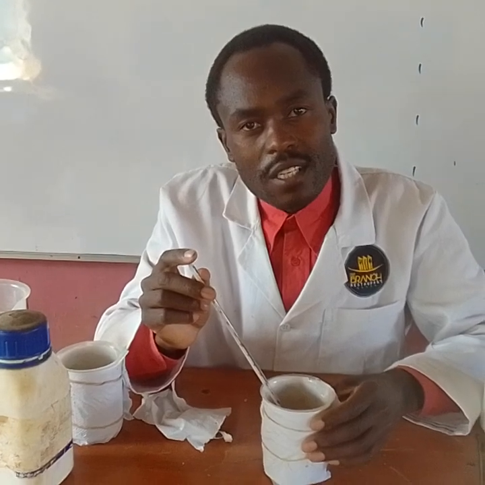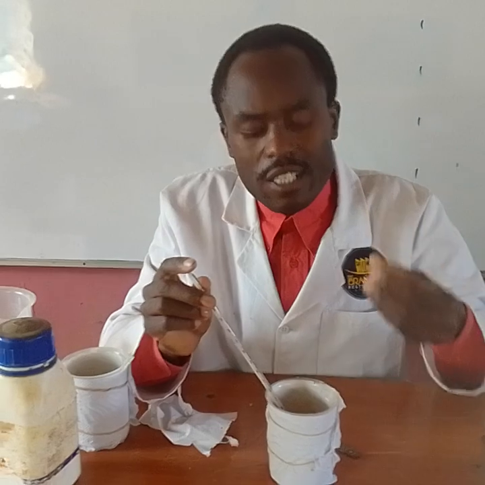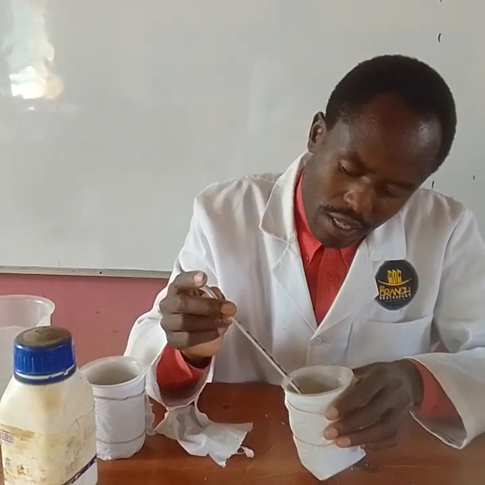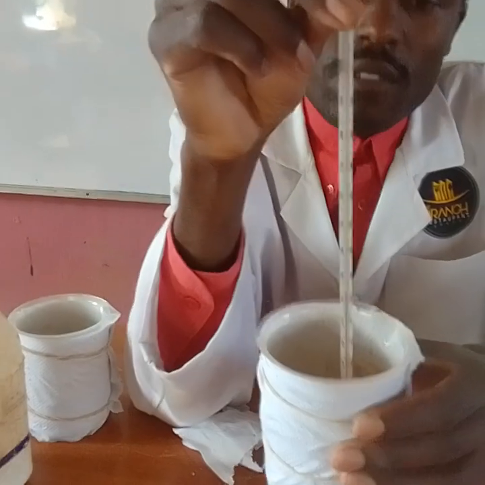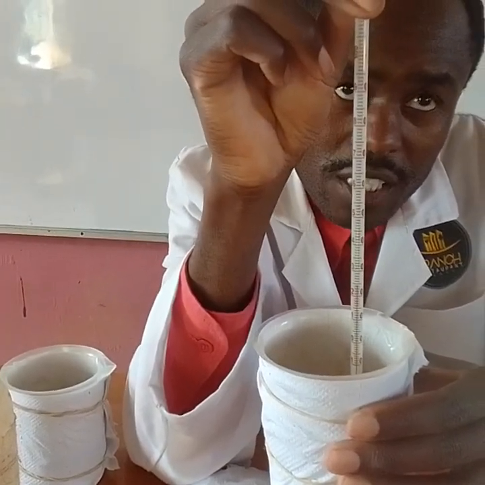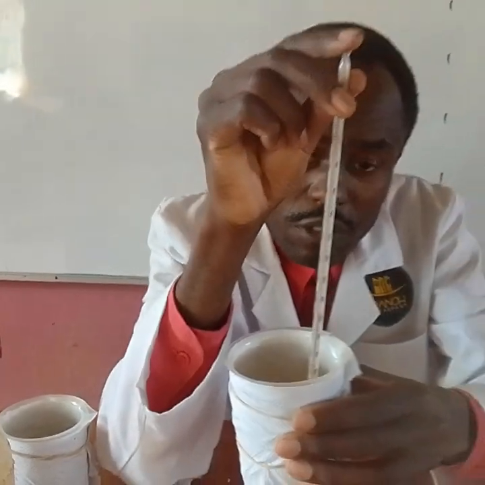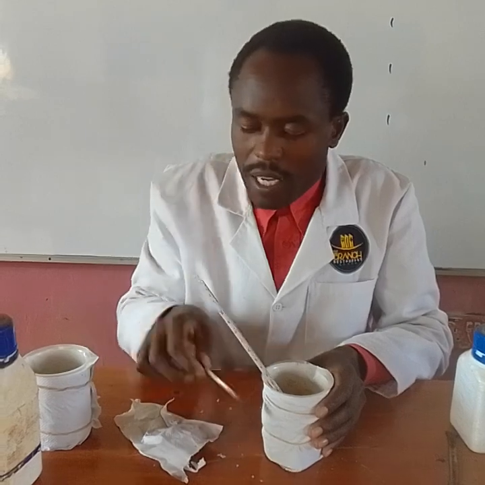Is it okay, my student? And hope you are concentrating. This one requires your total concentration. It is also 24. This water has the same steady temperature. It is also 24.0 degrees Celsius.